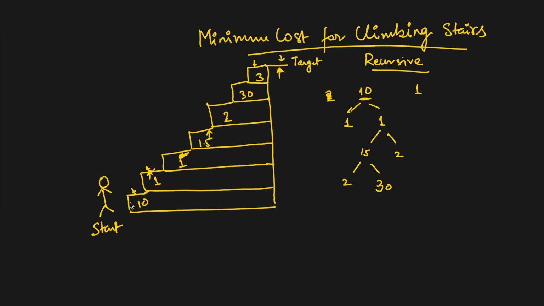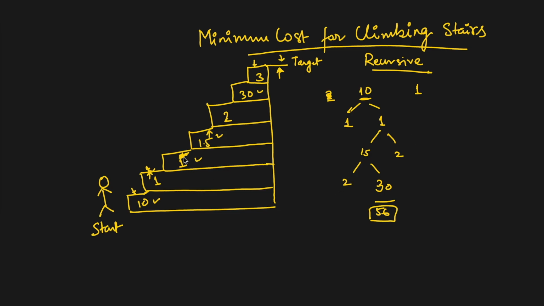So if we take this path 10, 1, 15 and 30, the cost is 11, 26 and 56, right? So in the recursive approach, we'll calculate all the possible paths, calculate the cost and pick the minimum one.